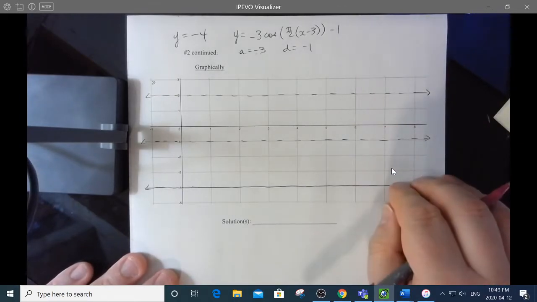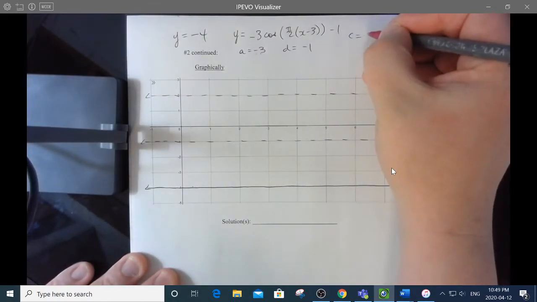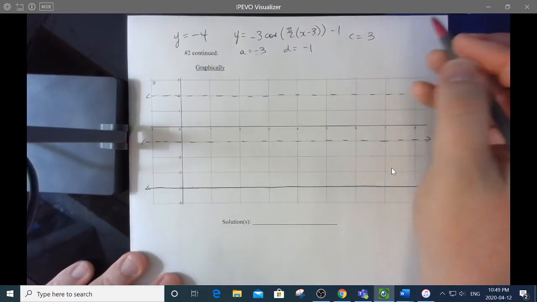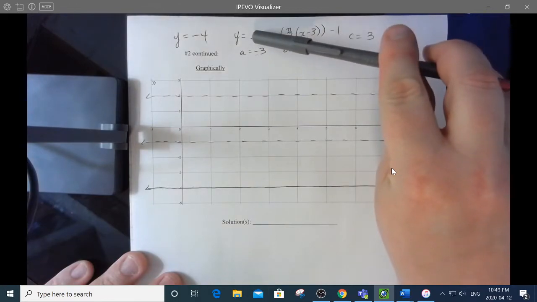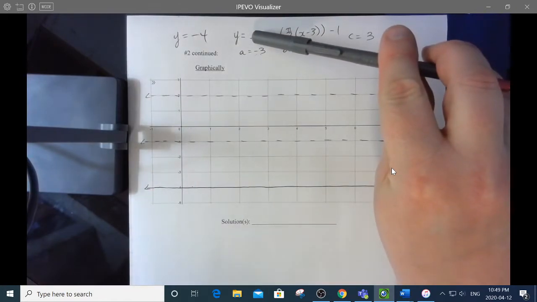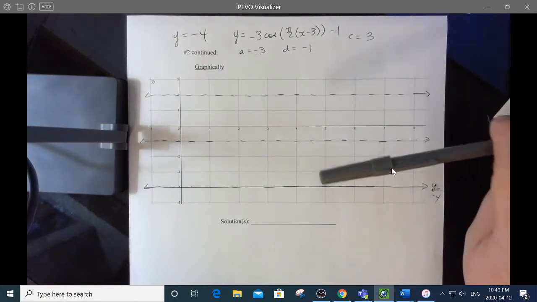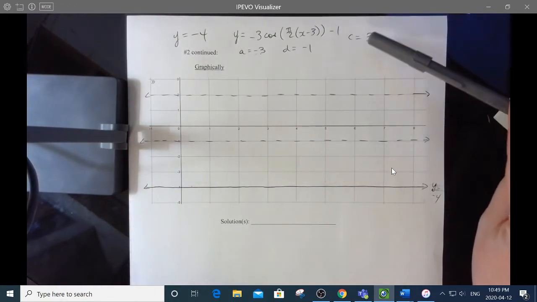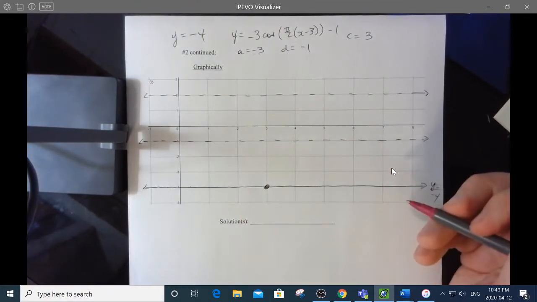Okay. Now, my c value is 3, so that means that, again, cosine starts on its maximum unless there's a negative in front of it, in which case it's a mirror image in the central axis, which means that it actually starts on its minimum. So it starts on its minimum at 3, right there, which, by the way, was one of our solutions.